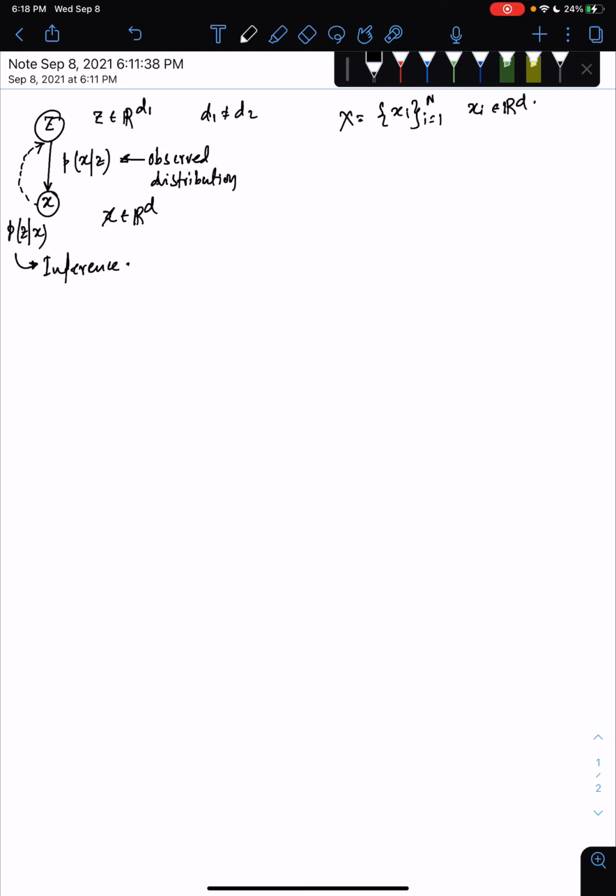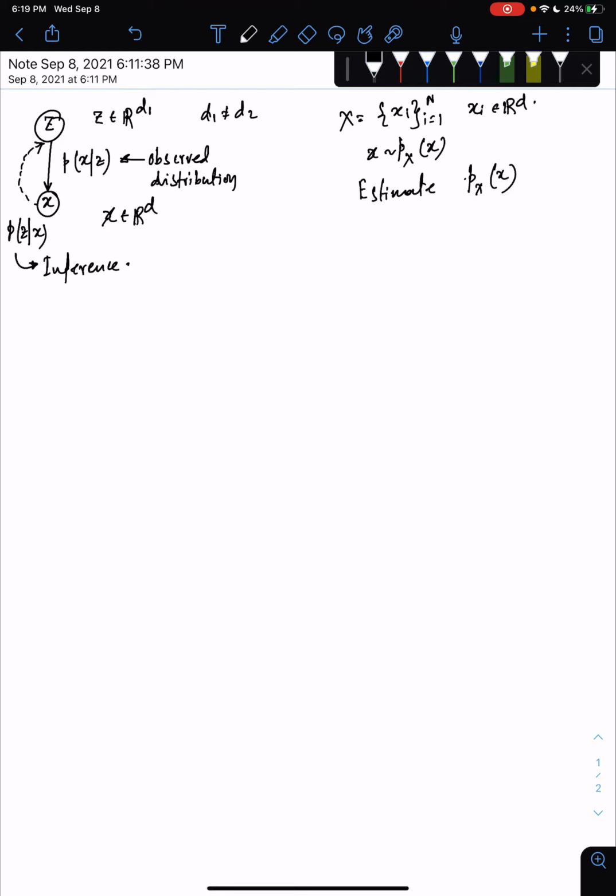By that I mean that each of these x is sampled from a probability distribution p of x. So what we want to do is estimate this thing.